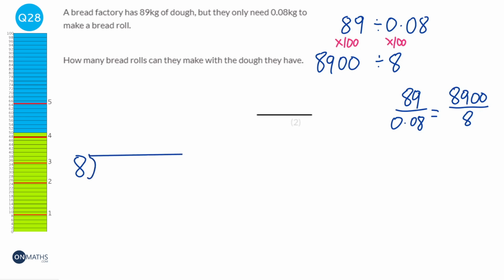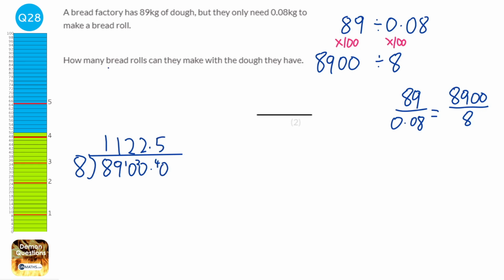There we are. And we've got 8,900 on the inside. So 8 into 8 go 1, 8 into 9 go 1, remainder 1, 8 into 10 go 2, remainder 2, and 8 into 20 go 2, remainder 4, and 8 into 40 go 5.